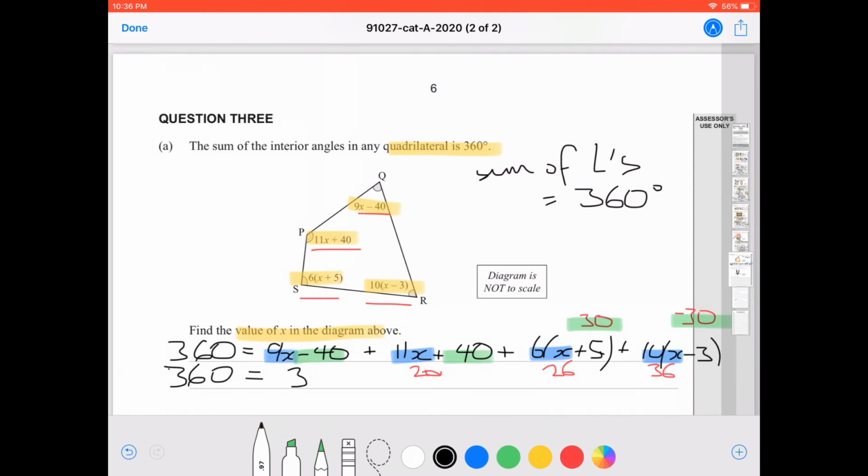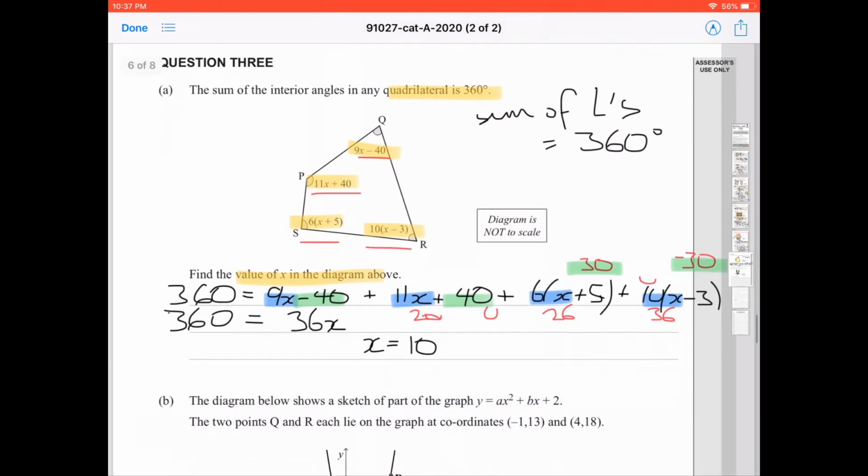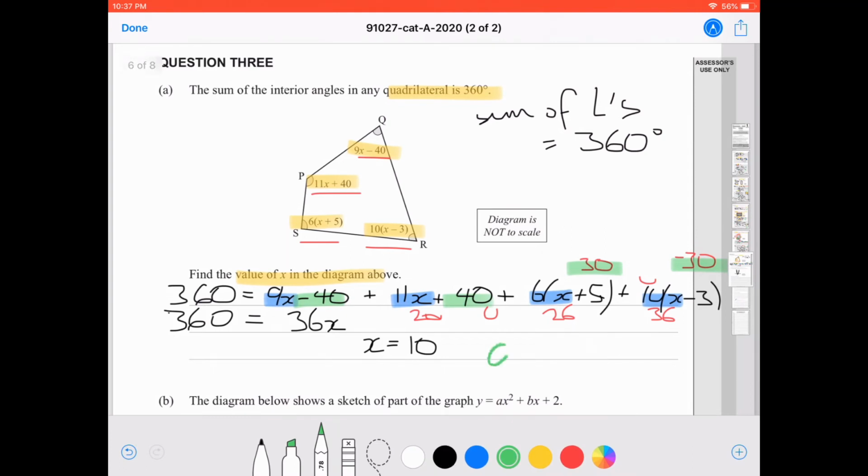So 36x. Looking at our green values, we've got minus 40 plus 40 is 0, plus 30 minus 30 is, again, 0. So it's just 36x. We can divide by 36 on both sides, meaning x equals 10. Okay, and solving this linear equation, x equals 10 gets you the achieved here.